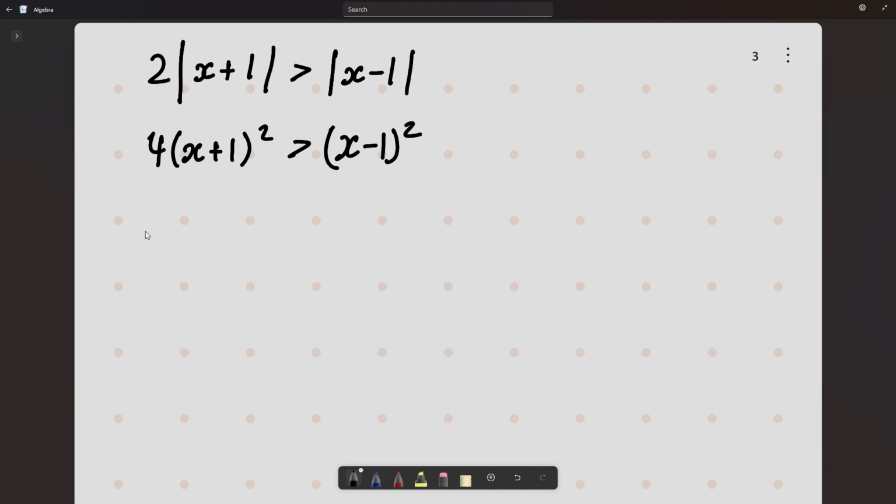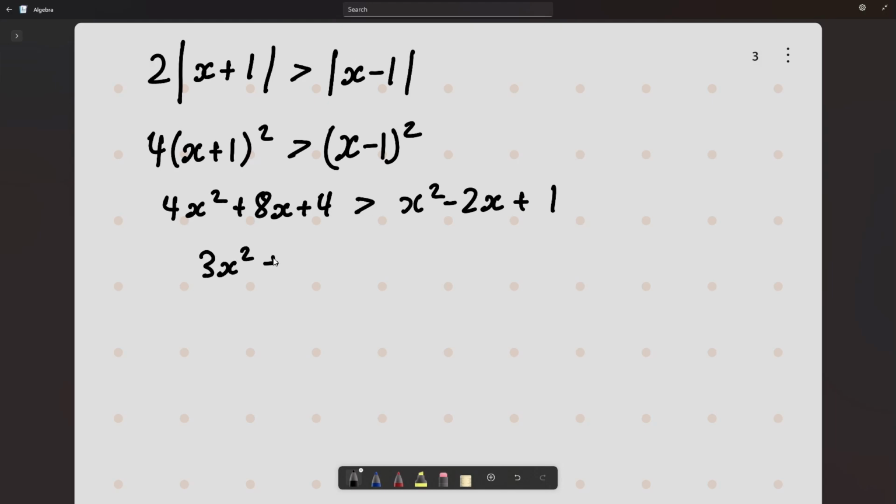And you could just continue with this. You're going to get 0, and the values you're going to get are x is equal to negative 1 over 3 and negative 3.